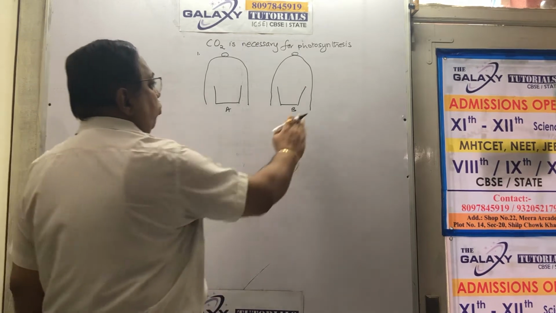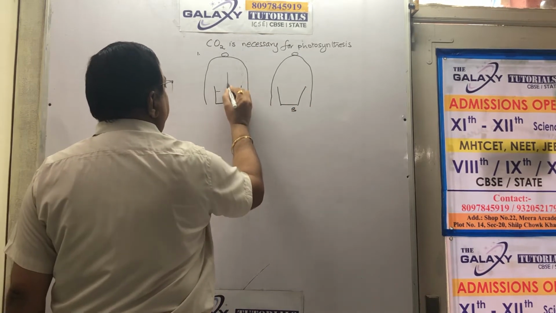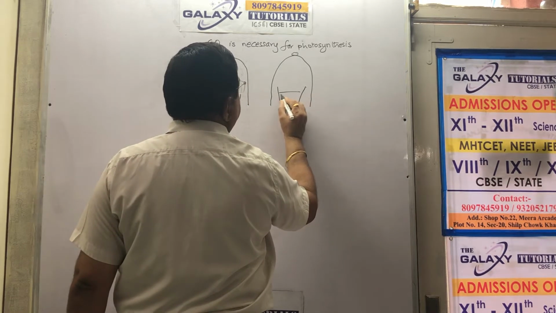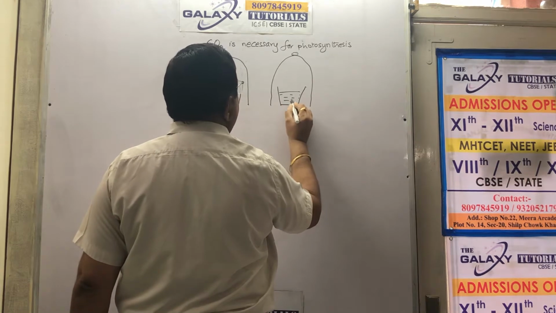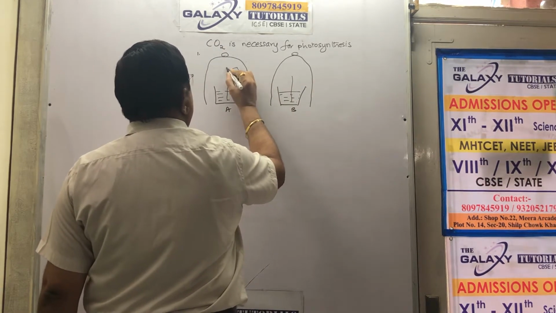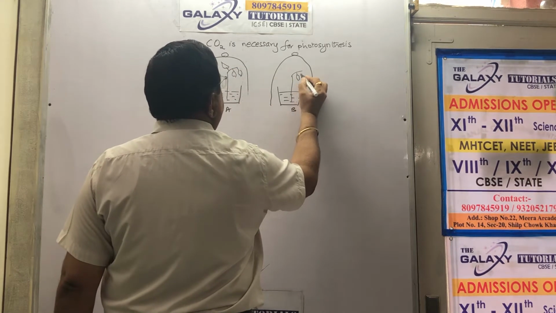So I will be able to place it on top of it. Now this is a potted plant, and we will be just drawing a few leaves. We will not waste time drawing too many leaves. They are similar plants.